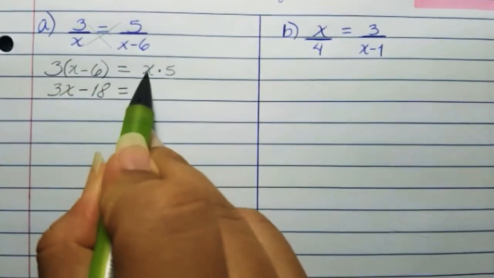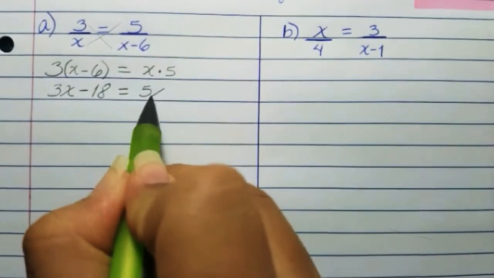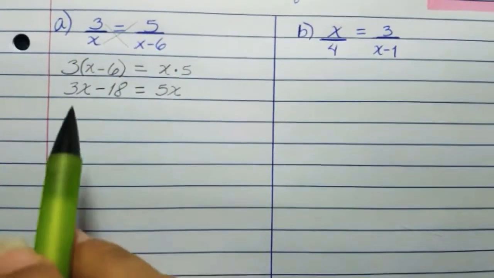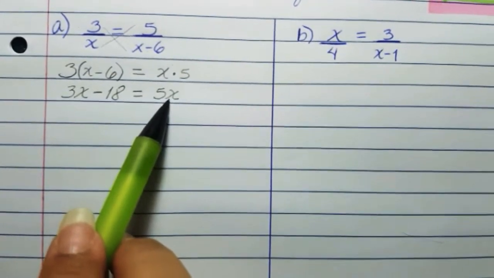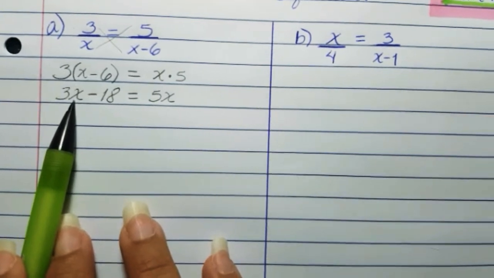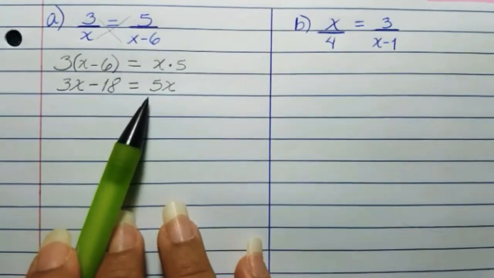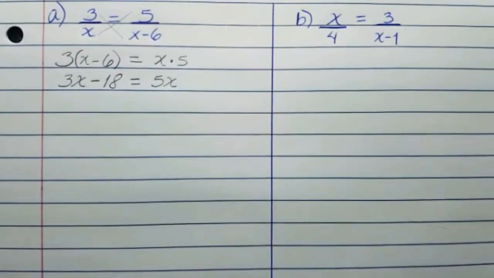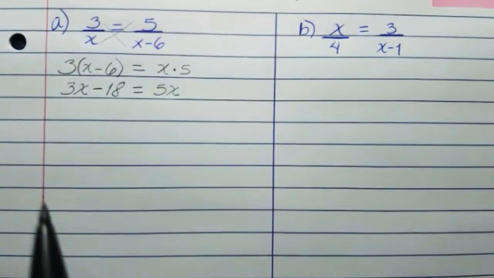That equals x times 5, 5x. I'm going to move everything that is like terms to one side of the equation. That means the 5x, I'm going to put it next to the 3x, and the negative 18, I'm going to put it on this side of the equation, always using inverse operations.